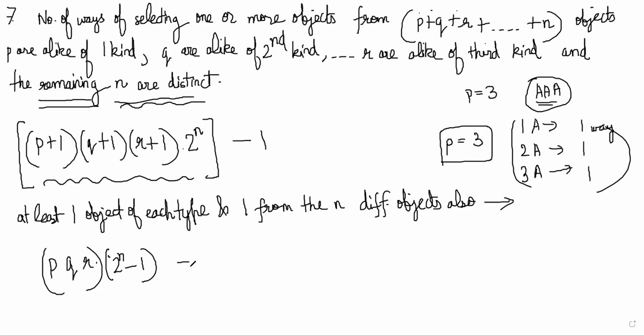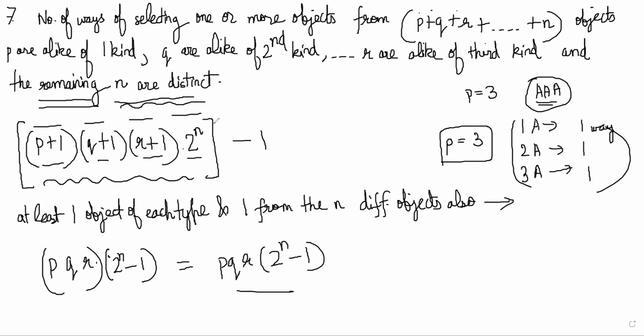This product is the answer then, pqr into 2 power n minus 1, instead of p plus 1, q plus 1, r plus 1, 2 power n minus 1. Here there was no restriction. You could select 0 of this also.